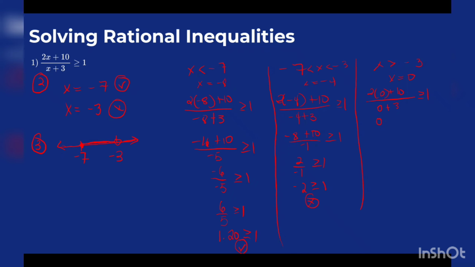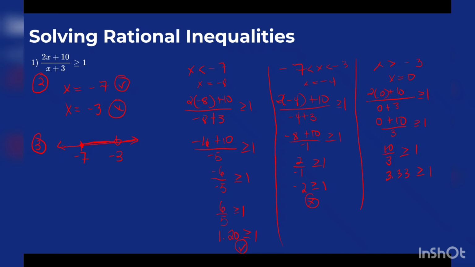So this is 0 plus 10 over 3 is greater than or equal to 1. So we'll get 10 over 3 is greater than or equal to 1, which is 3.33 in decimals. So this is greater than or equal to 1.